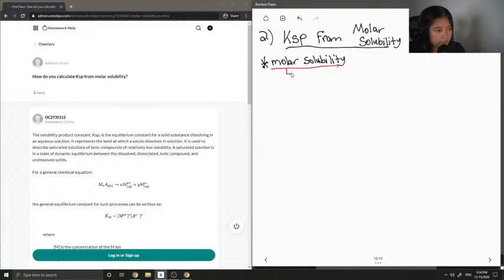Molar solubility is the number of moles that dissolve per liter of solution.